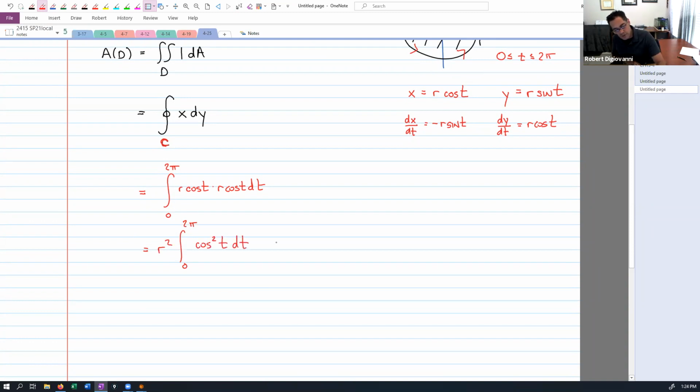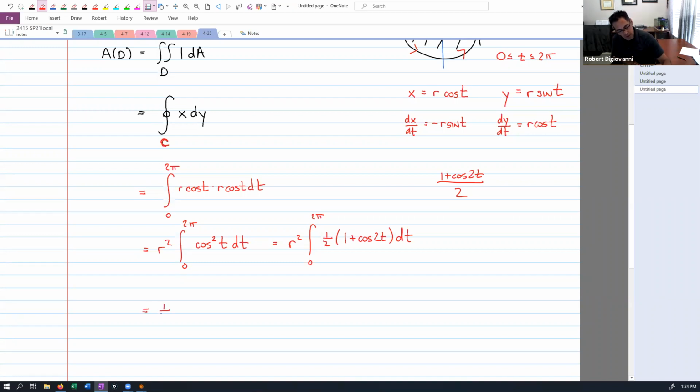And from Calc 2, I'm sure you all remember that you use the power reducing formula on that to integrate this. So I rewrite that as 1/2 times 1 plus cosine 2t dt. You might remember that formula also. I just pulled the 2 off the bottom as a 1/2 out front.